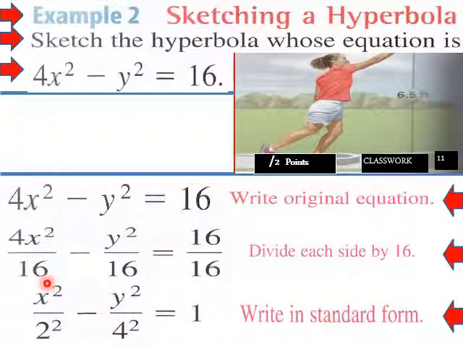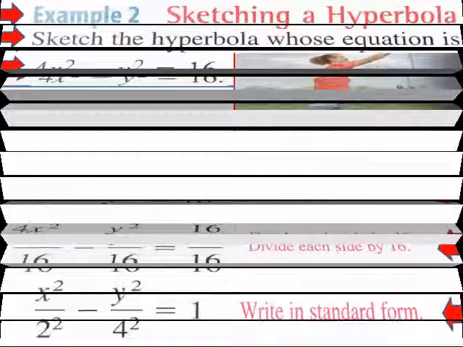Once we do that, we end up with x squared over 2 squared minus y squared over 4 squared equals 1, writing that in standard form.